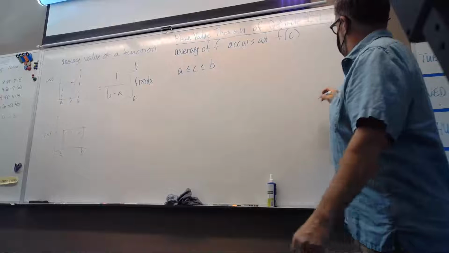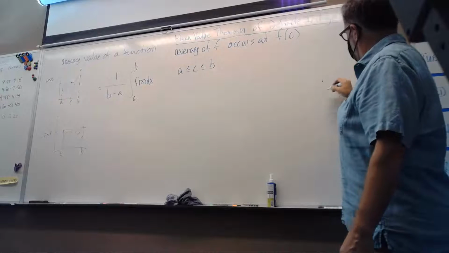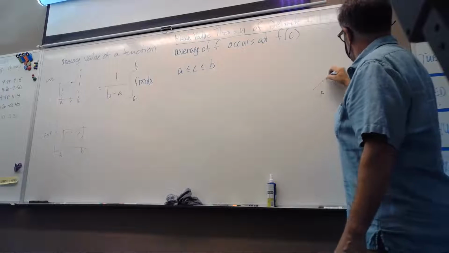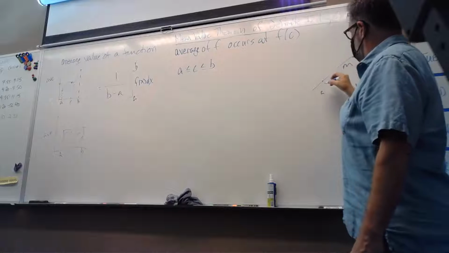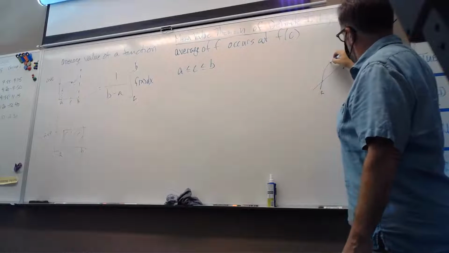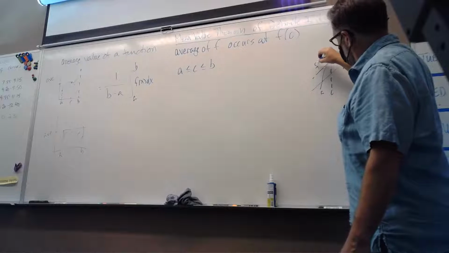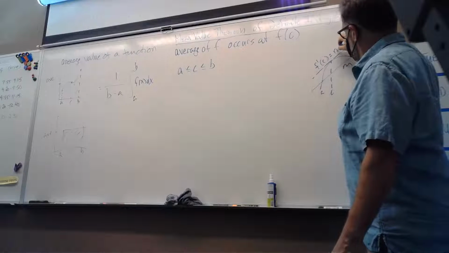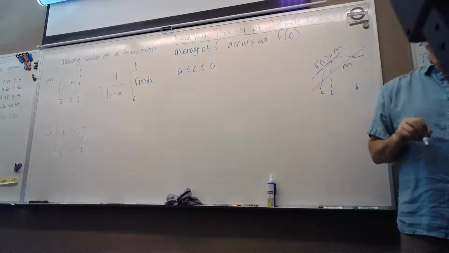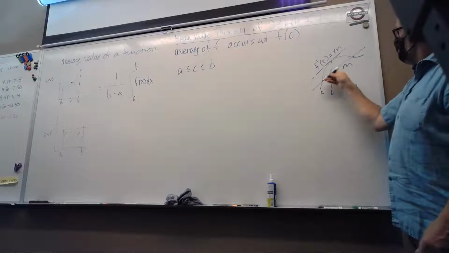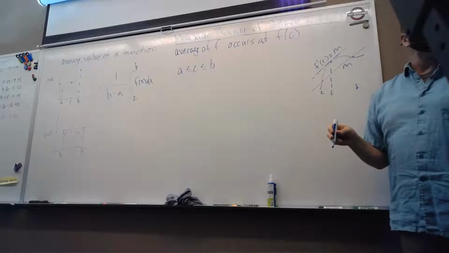It was if you're going from A to B and you draw a secant line, there must be some point inside the function where the slope is equal to the slope of the secant line. Well, it's the same thing.